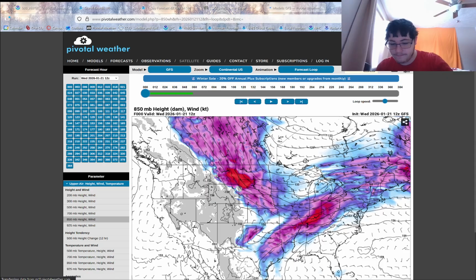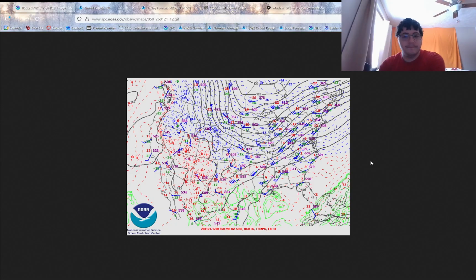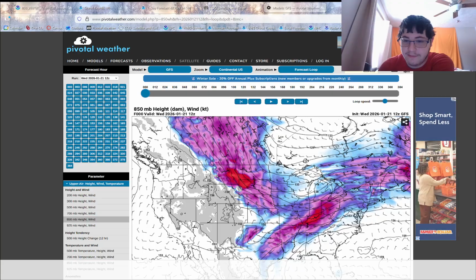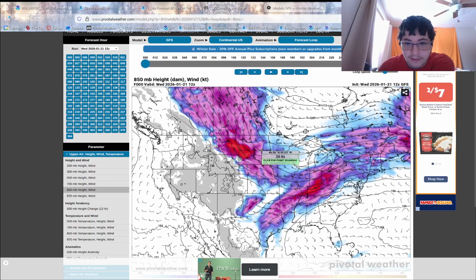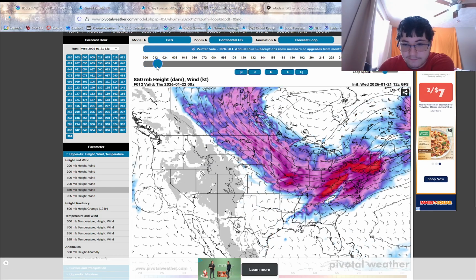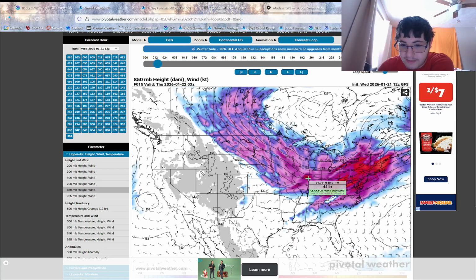But now, let's take a look at the 850 millibar level. We can still see that shortwave back there, that one right there, pretty clearly. Now let's jump to the model so we can start to look at the future. Again, you can still see those two features. And sure enough, that one shortwave does make its way over.